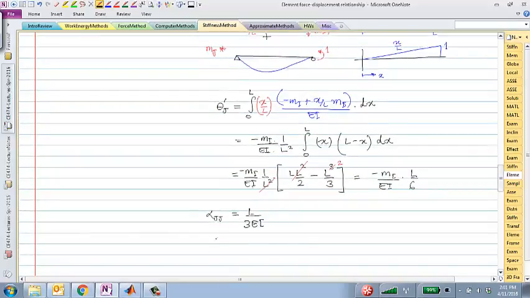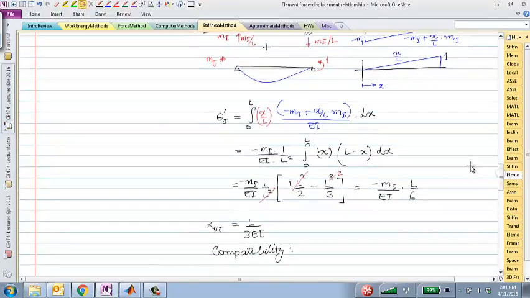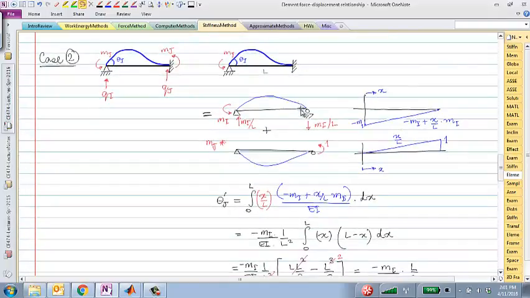And what would be the compatibility equation, anybody? What would the compatibility equation say? It would say theta j prime, that is the rotation here when I apply mi.